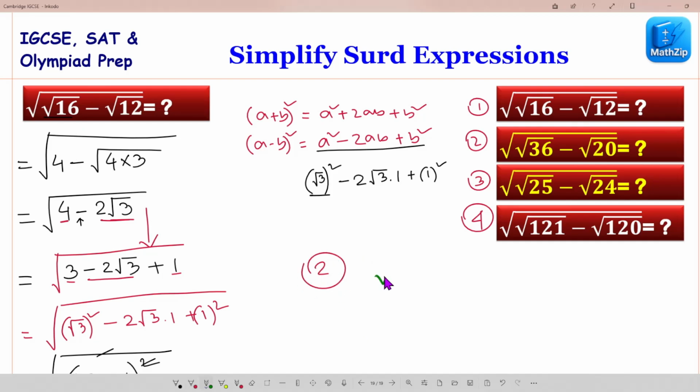Number 2, root 36 minus root 20, and whole root. So this one, what can I do? Root 36 means 6, because 36 is a perfect square.